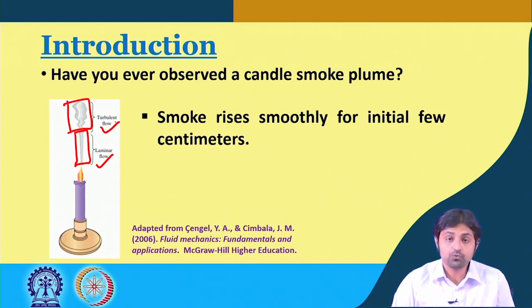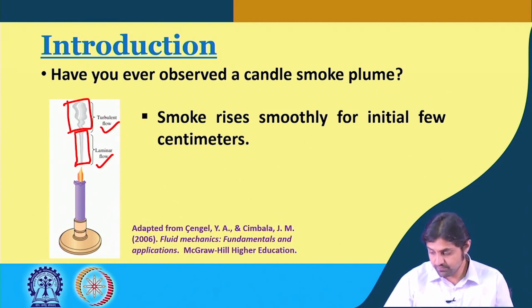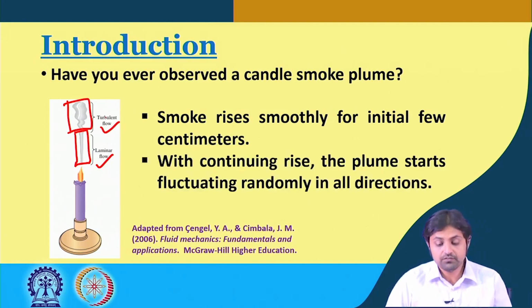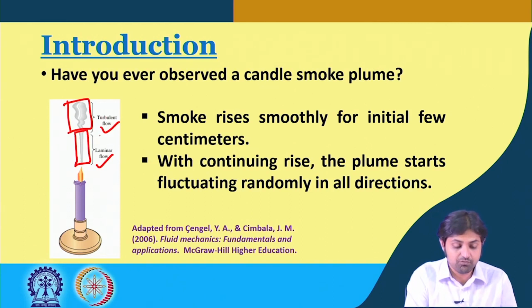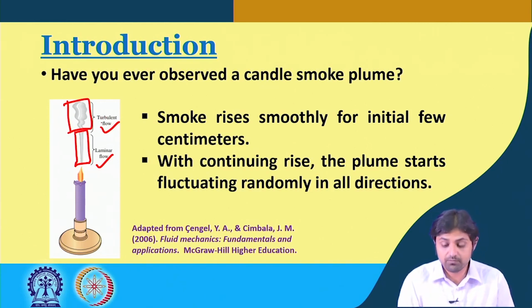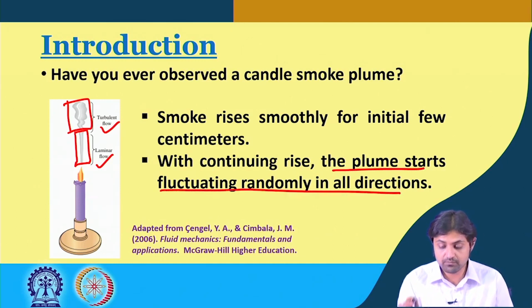As I said, what you are going to observe is that smoke actually rises smoothly for the initial few centimeters, and then without going much further upwards, maybe just a little bit upward, the plume starts fluctuating randomly in all directions, or in other words, the flow becomes turbulent.